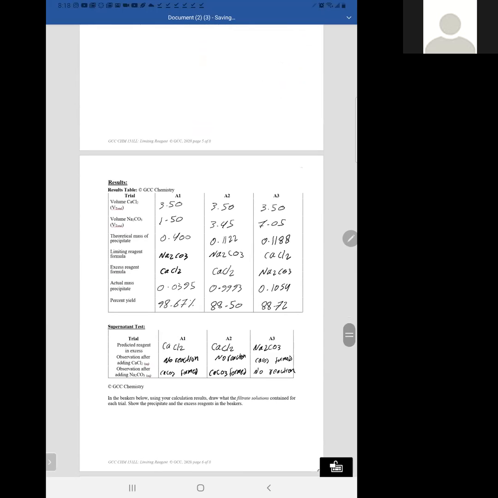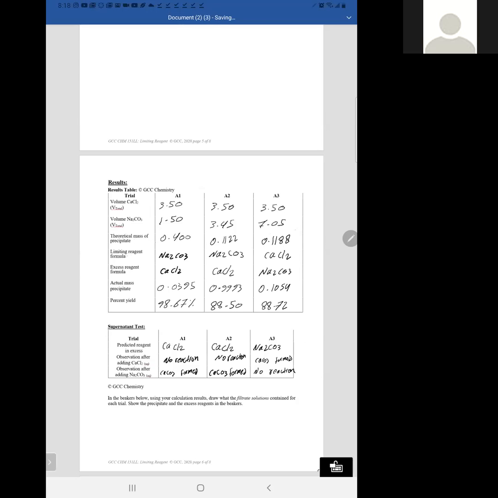Right here, we have the volume total for the A1, A2, A3, and also for the CaCl2, and also the volume for Na2CO3, the same thing here. And we have all the results.